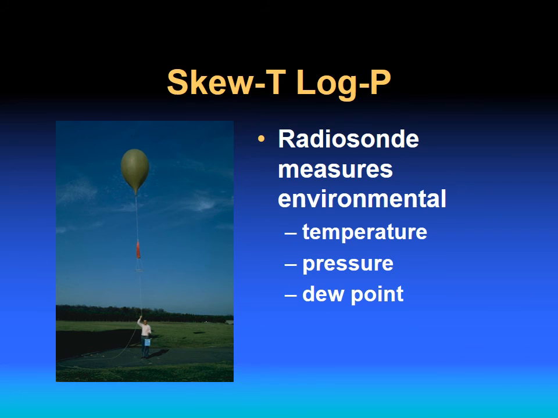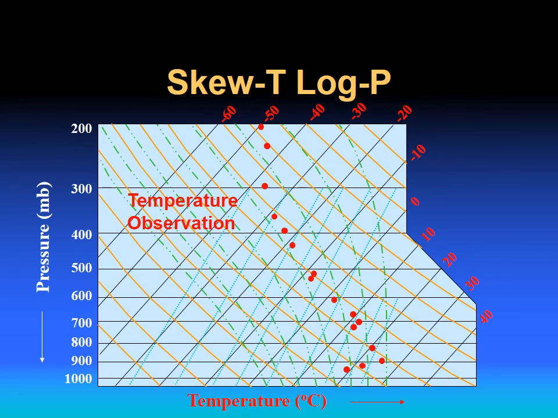So as I mentioned before, we send up weather balloons. They measure temperature, pressure, and dew point, and we can plot these on these diagrams. Here's a plot of temperature as measured by a radiosonde. At each point, an observation was made as the balloon rose through the air. And we have this data. We can actually plot this, temperature versus pressure.